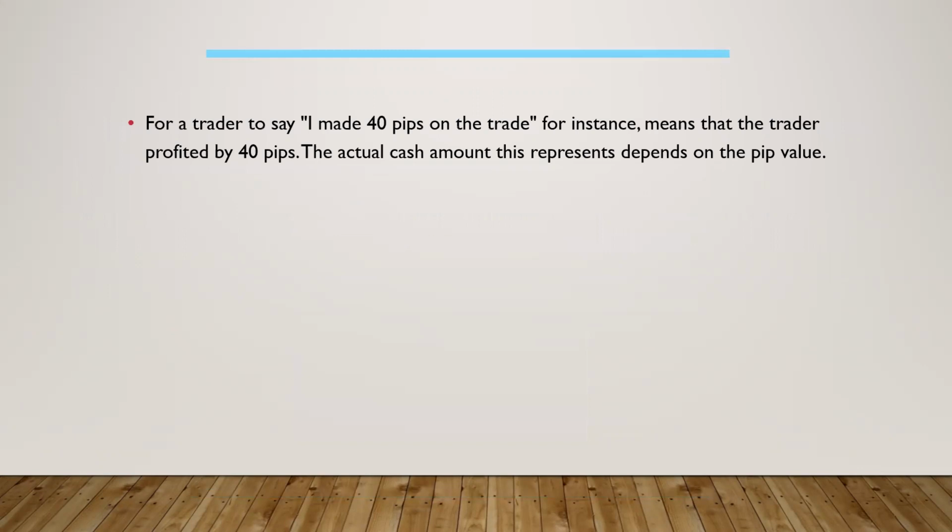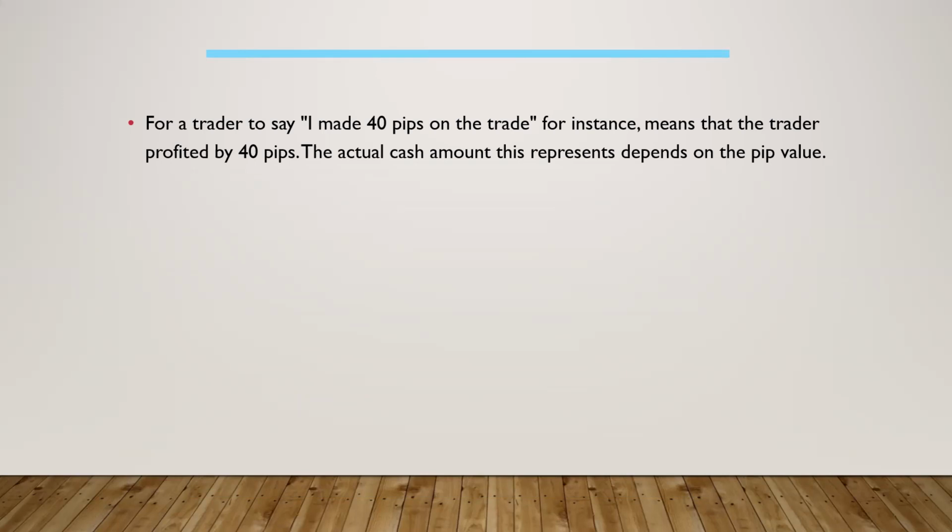All right. So for a trader to say, I made 40 pips in a trade, it means that trader profited 40 pips. The actual cash amount depends on the value of that currency per pip.